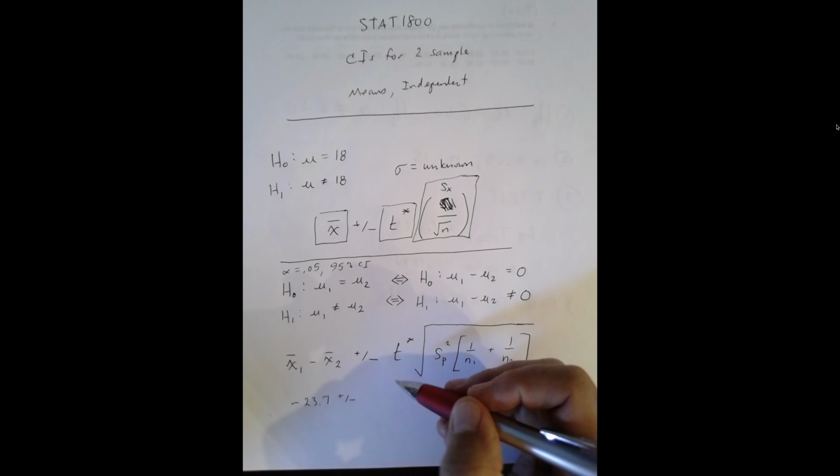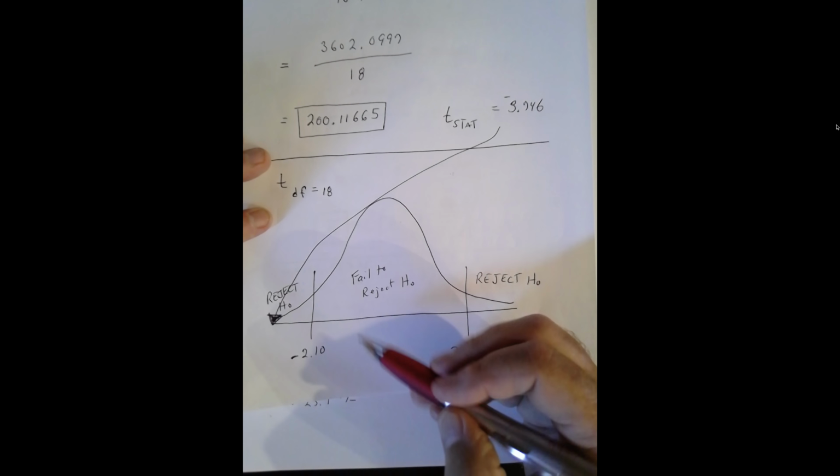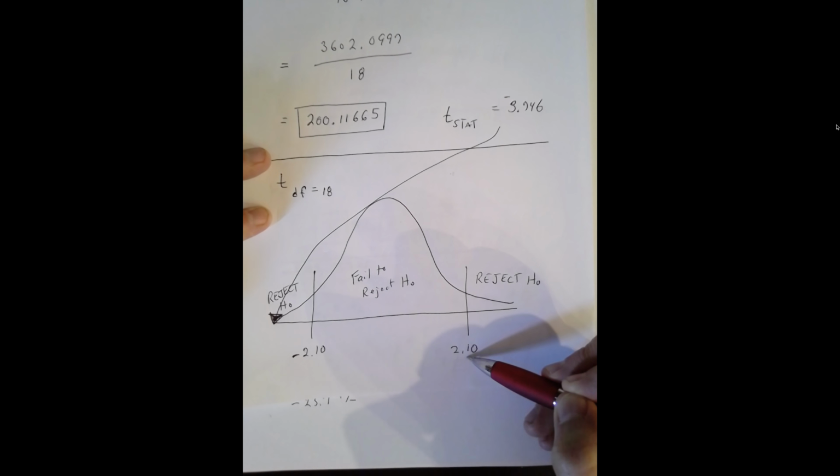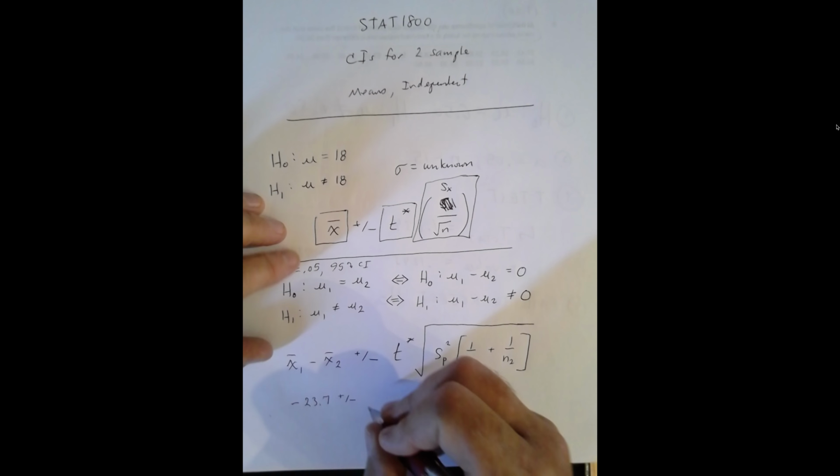So the t critical, let me thumb through my stuff here and find it. The t critical approach we did was negative 2.10 and positive 2.10.